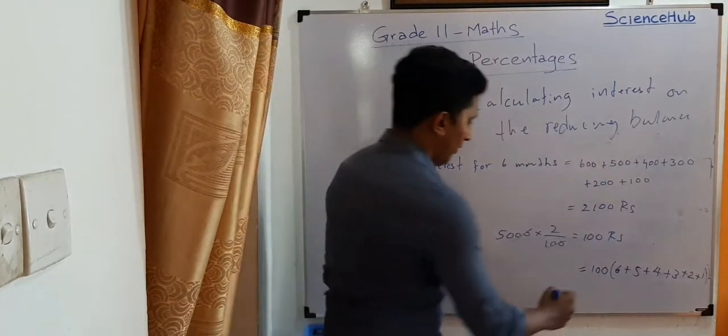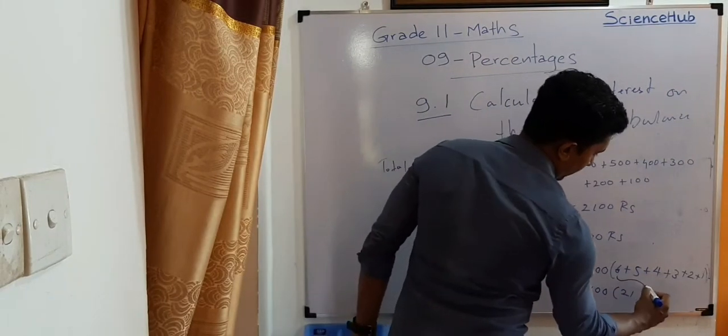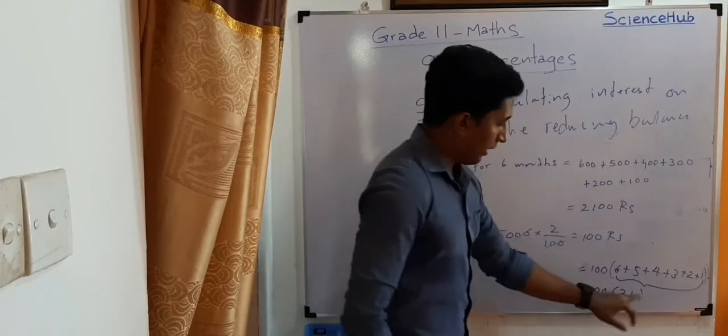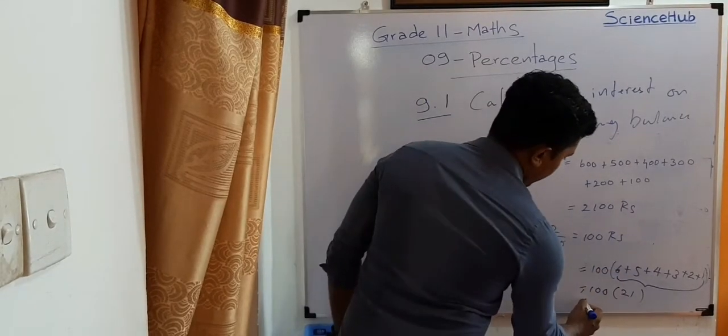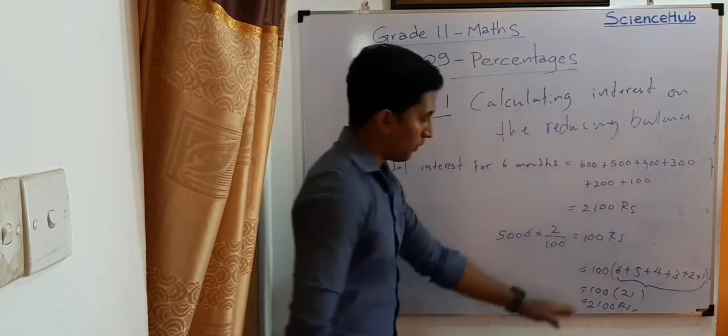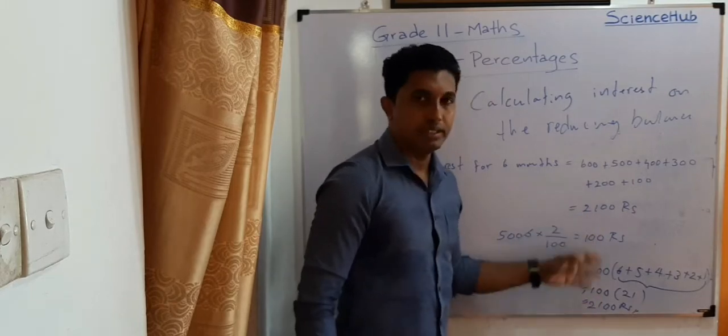Then we get 100 into 21, since the sum is 21. 100 into 21 is 2100, and the two values should be the same.